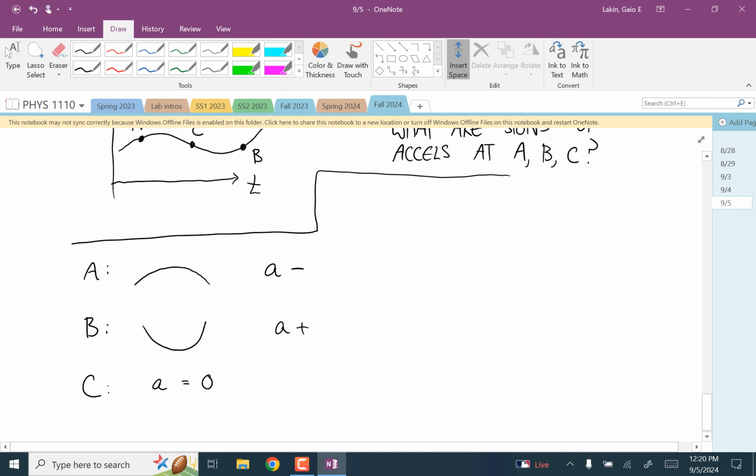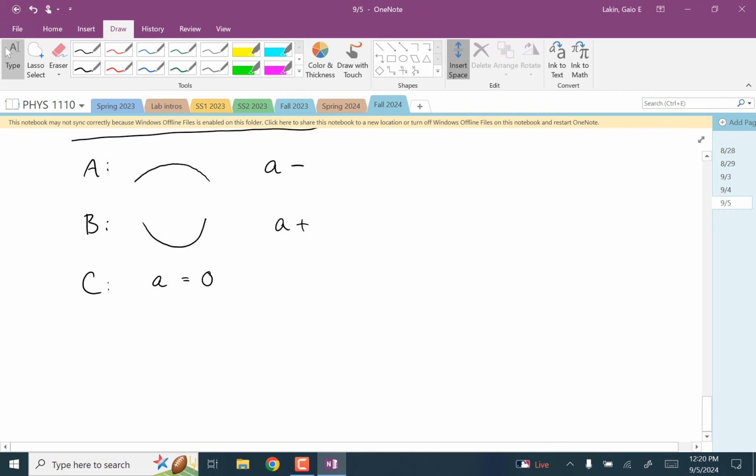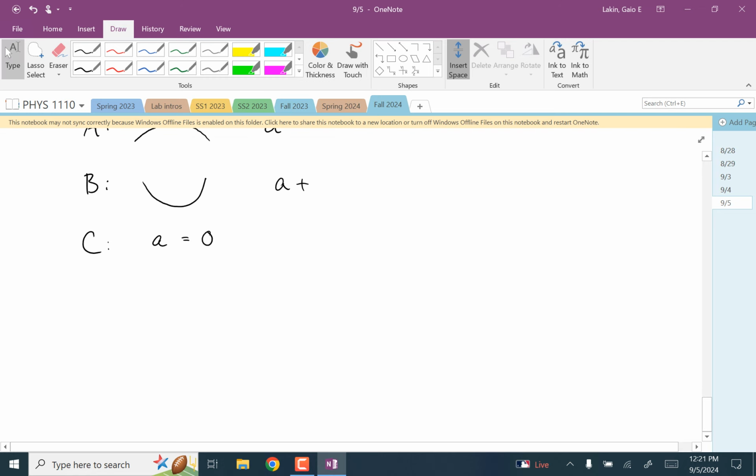Now, let's ask another question about this graph. Is the object speeding up, slowing down, or neither at those 3 points?